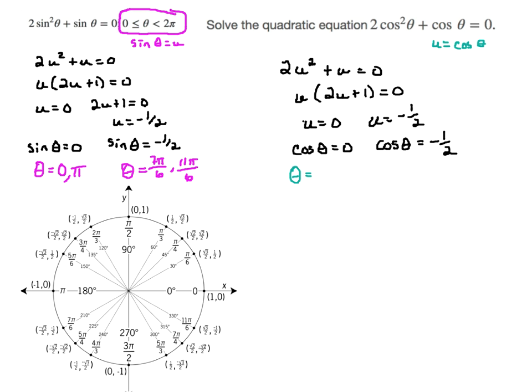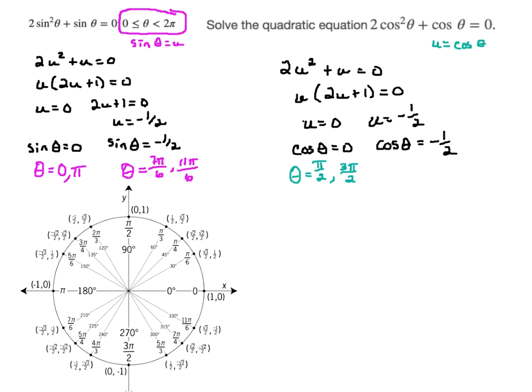Okay, so when is my x value 0? That happens at pi over 2 and at 3 pi over 2. When is my x value negative 1/2?